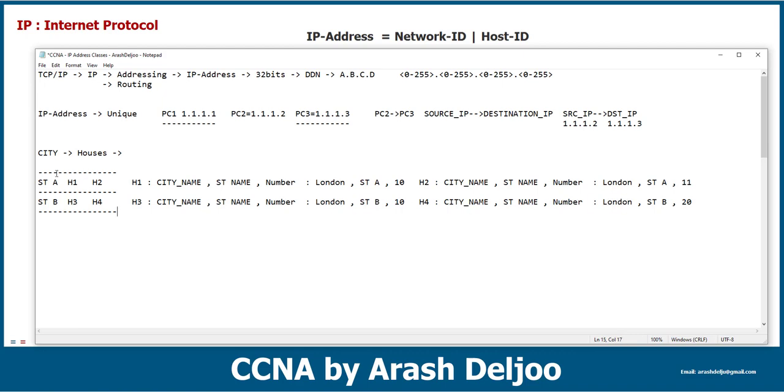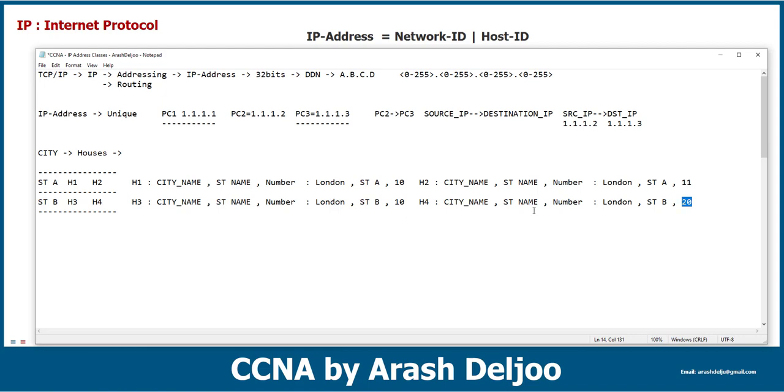But between host 1 and host 2, we are using different numbers. This is for uniqueness. And in street B, between house 3 and house 4, we are also using different numbers for these two houses.